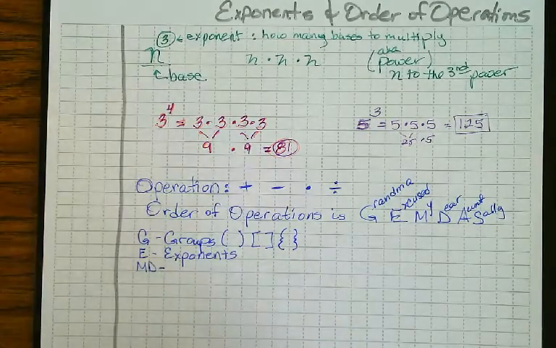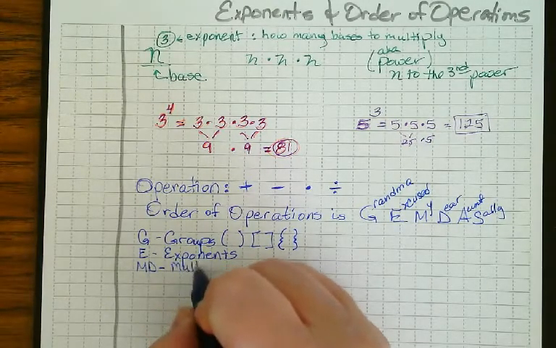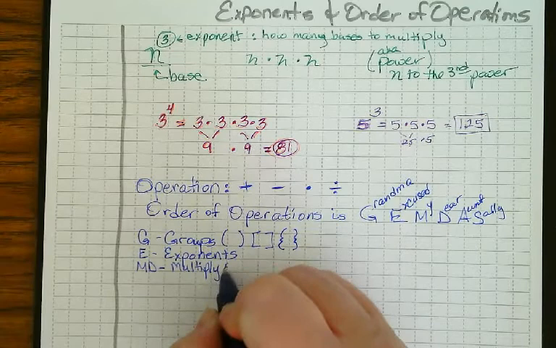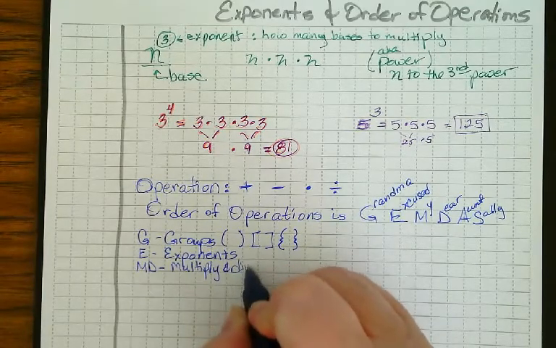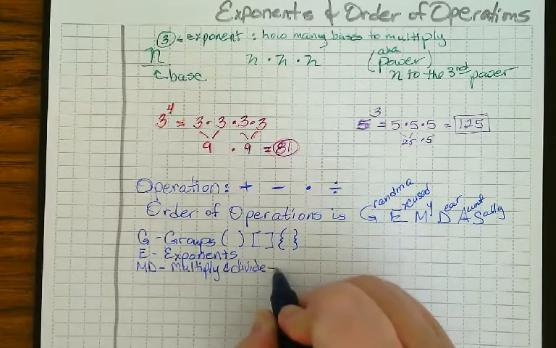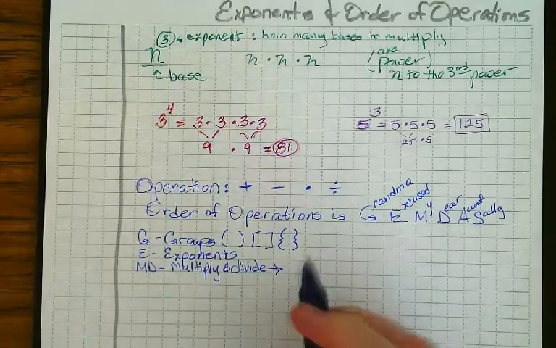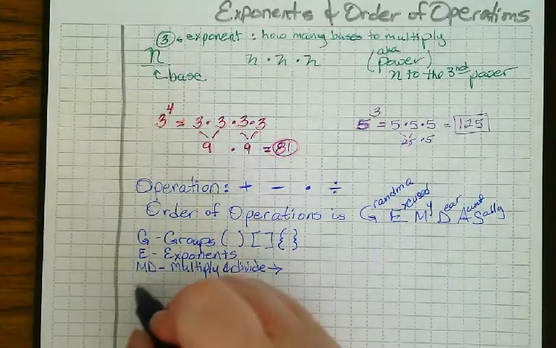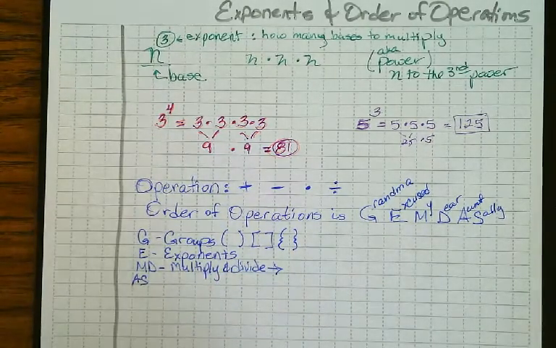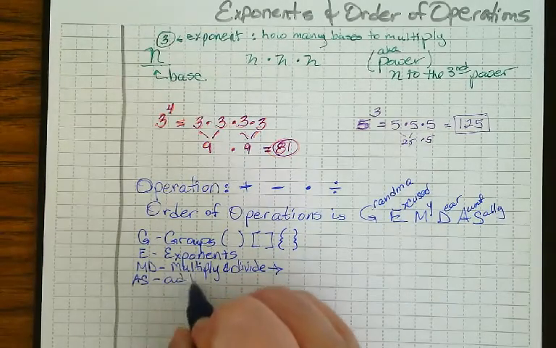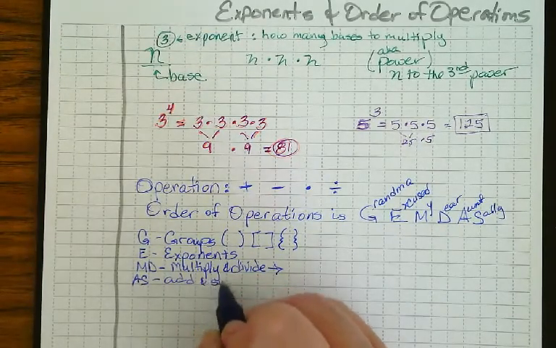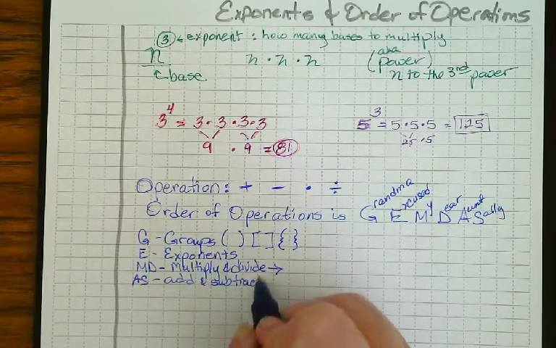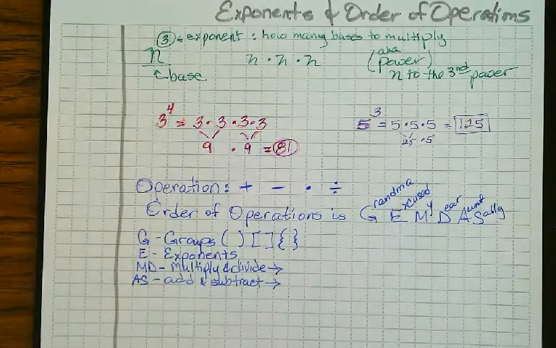MD go together. This is multiply and divide, and it goes left to right. Always. We always go left to right. And then the AS goes together, and you guessed it, it's add and subtract from left to right. So let's do a little bit of this.